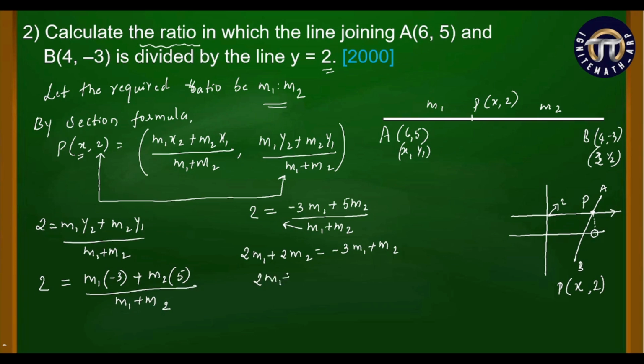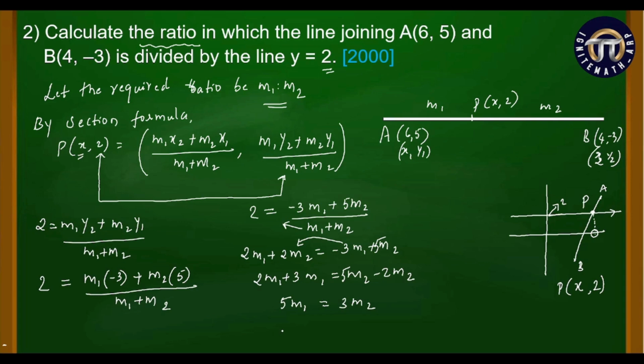So 2m1 plus 3m1, because this minus 3m1 taken to the other side becomes plus 3m1, is equal to 5m2 minus 2m2. Clear? So what I get over here, children? 5m1 is equal to 5 minus 2, 3m2.